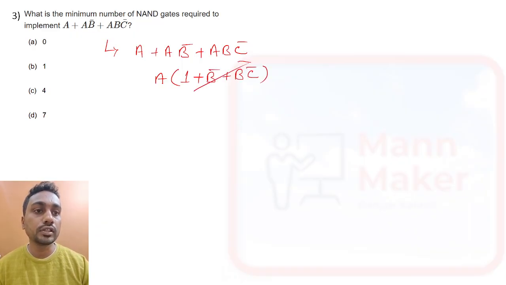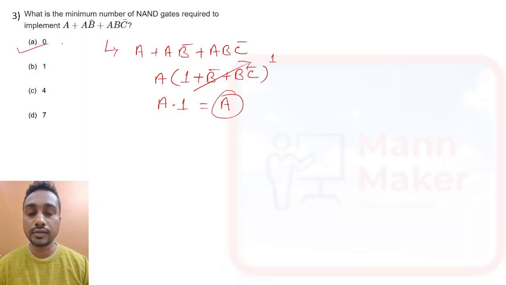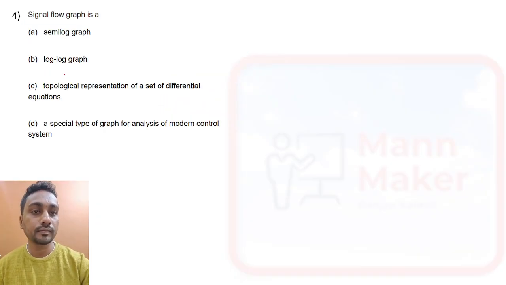And we know this is equal to 1. So this is A dot 1, and A dot 1 equals A. So for a single input, we need no gate. So there is no NAND gate required, which means option A is the right answer. Zero NAND gates are required to implement this equation.